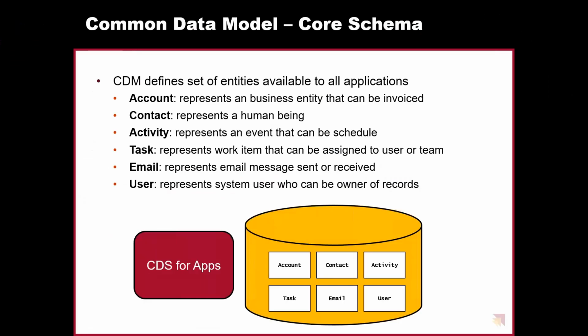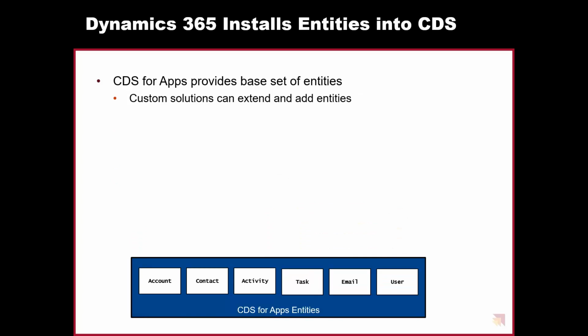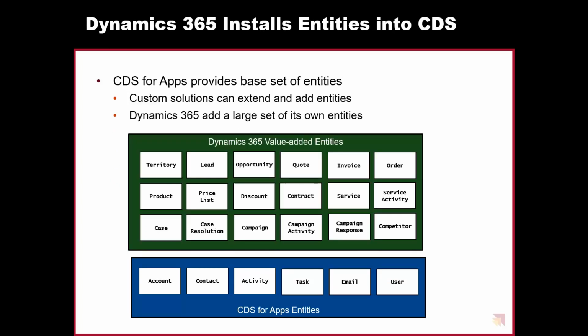For instance, if you're just working on the common data service alone, you'll have account, contact, activity, task. These are considered, anytime you work on the common data service, you have these entities. However, when you install Dynamics 365 for Sales, all of a sudden you get all these extra entities: territory, lead, opportunity, quote, invoice, order.